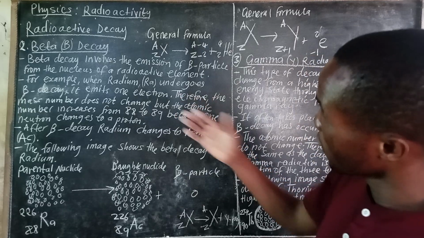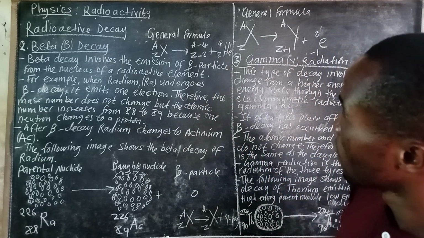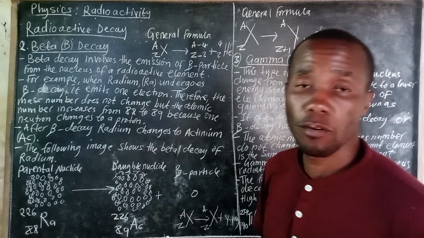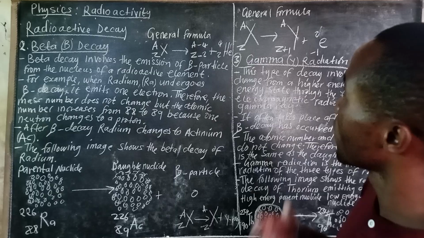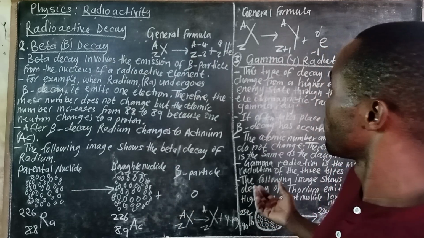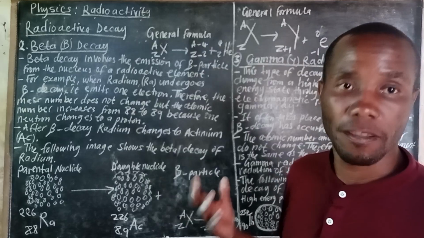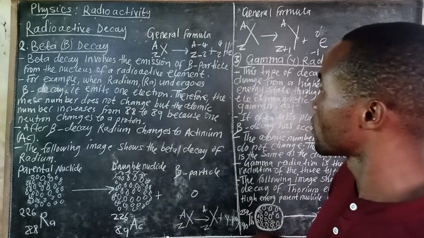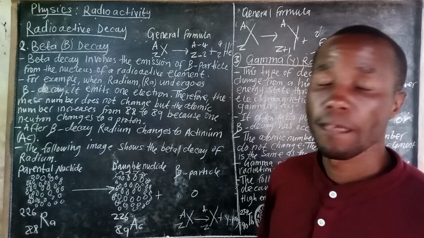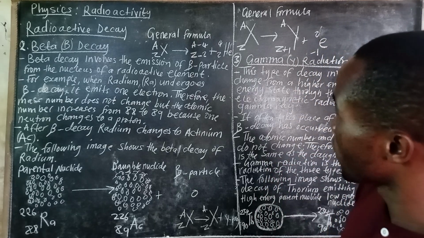So now let's continue with beta decay for today's lesson. Beta decay involves the emission of a beta particle from the nucleus of a radioactive element. For example, radium is a radioactive element, no wonder we use it frequently.